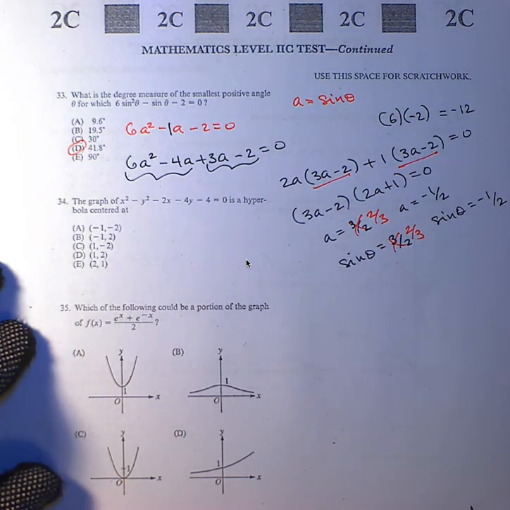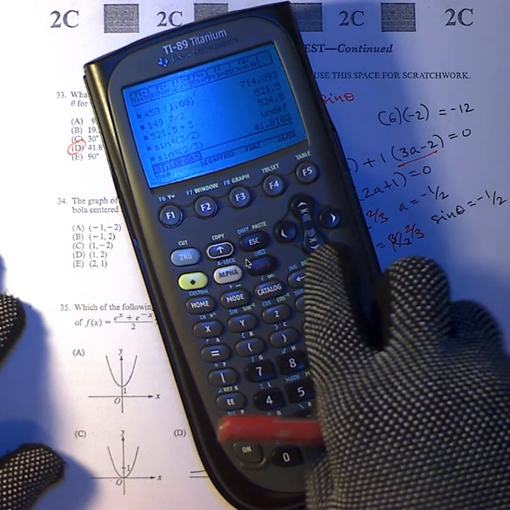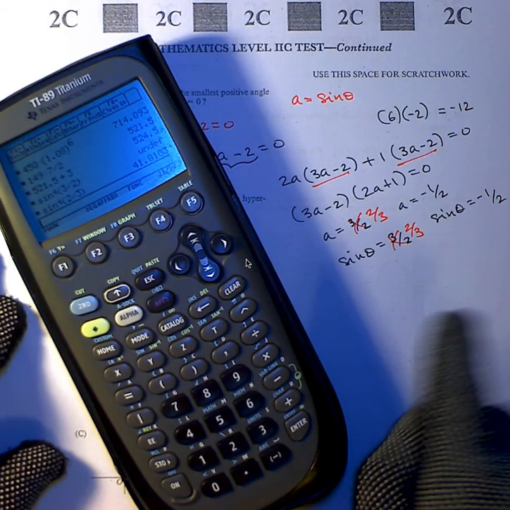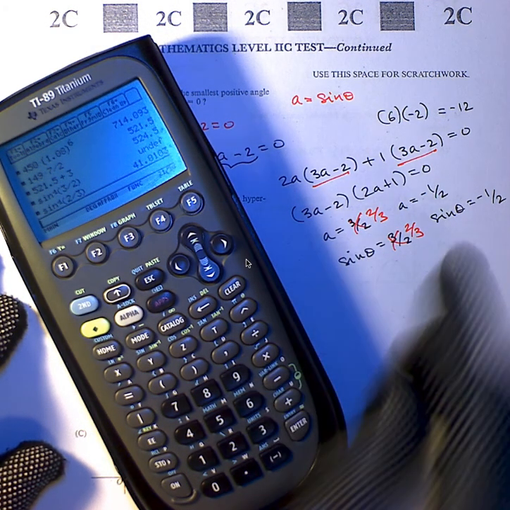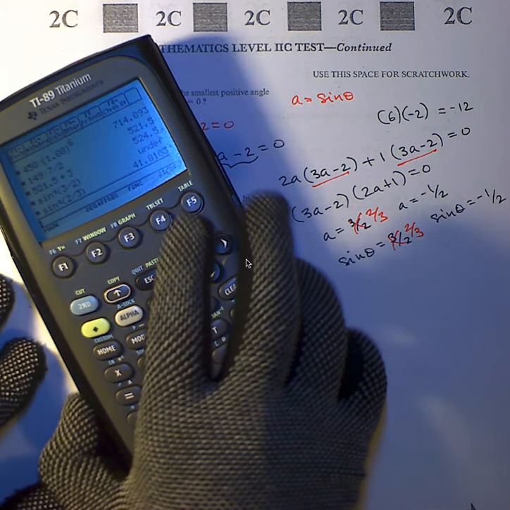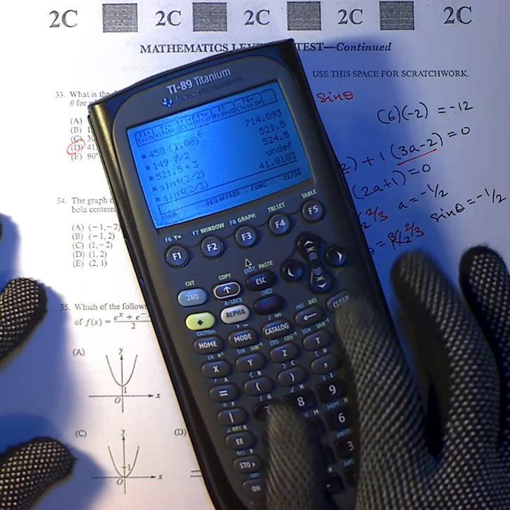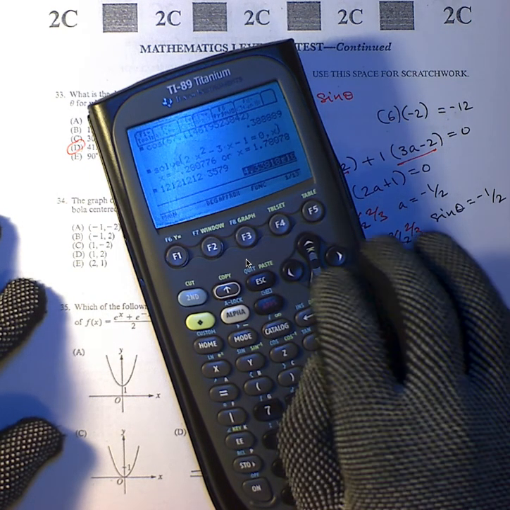In any case, like I told you, this is a bad idea. You should just use the calculator to solve it. And I actually proved my point even more, because you could have written 3 halves instead of 2/3 and been confused yourself or thought that the answer wasn't there. So to avoid all that problem, what you should do is let the calculator solve it.